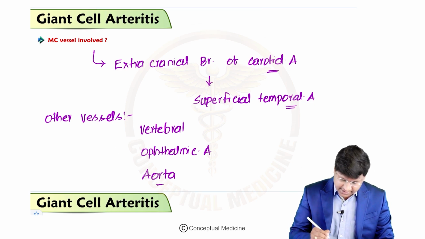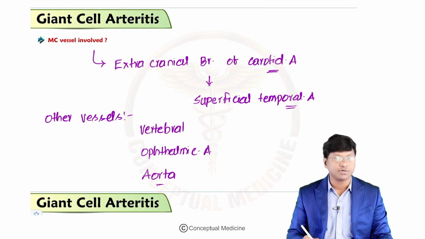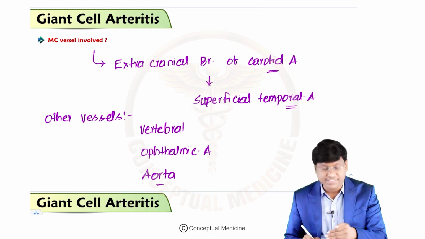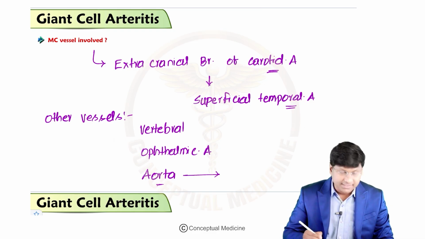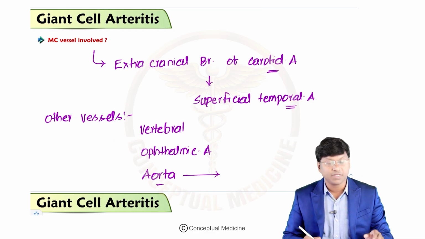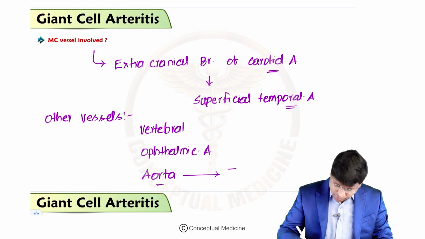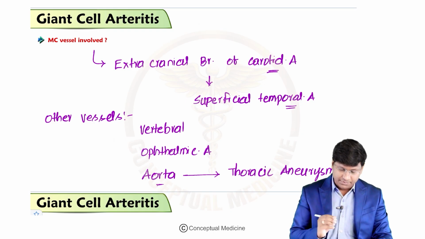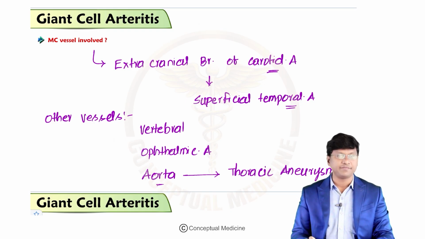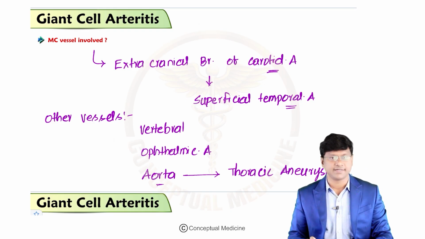So these are the vessels commonly affected next to temporal artery involvement. In aortic involvement, it may cause a thoracic aneurysm. These are the vessels affected in patients with giant cell arteritis.